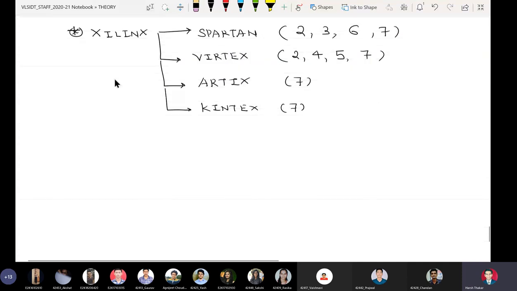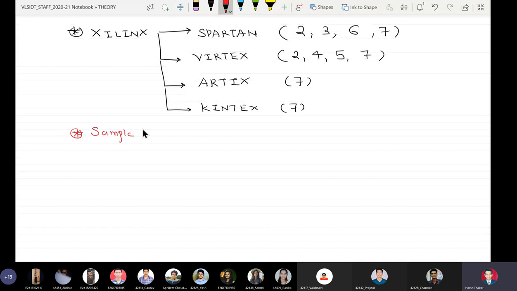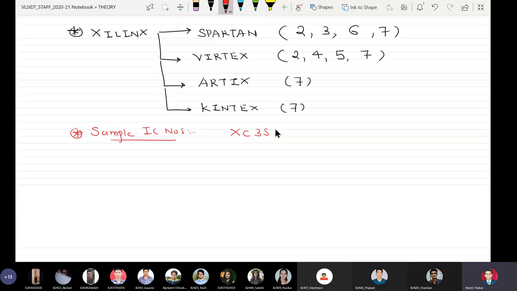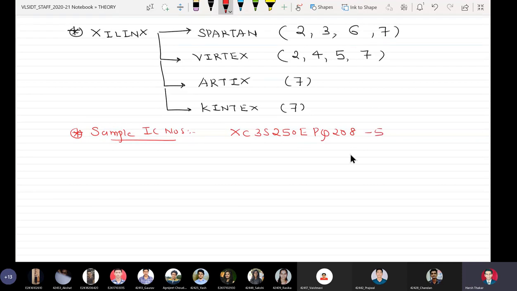If you want to give some sample numbers, you can give the lab number here. You can also have XC7V2000T.